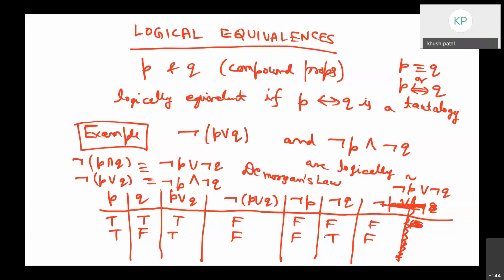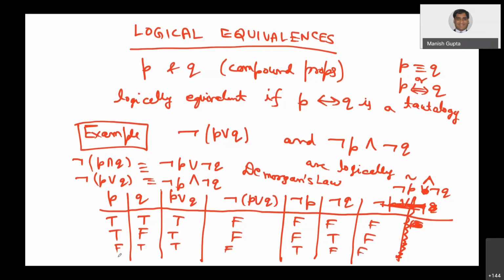For proving De Morgan's law, you have to take... So I am actually proving the logical equivalence of these two relations here. Sir, the last column should be negation P join negation Q. It will be like this, right? Correct? Yes. So now this is false, true, true, false, true, false, false.